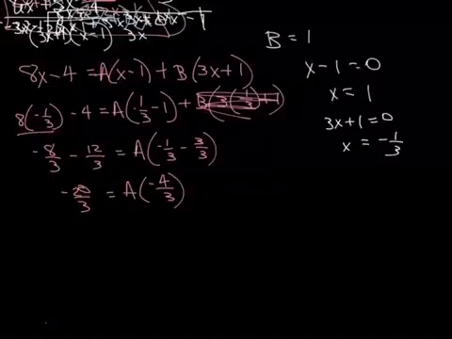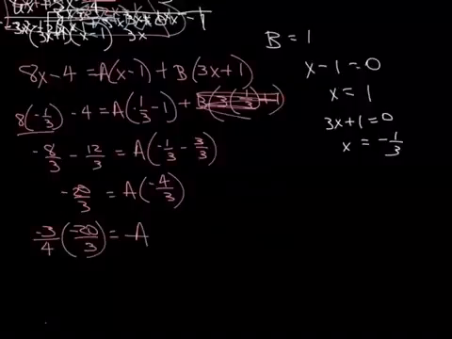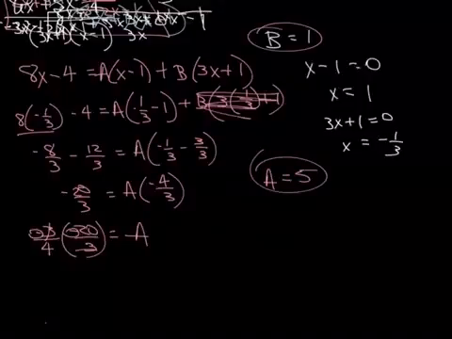Invert and multiply. Those cancel, giving me a positive 5, because this is a negative and this is a negative, giving me a positive. 20 over 4 is 5. So A equals 5. So there, I found that.